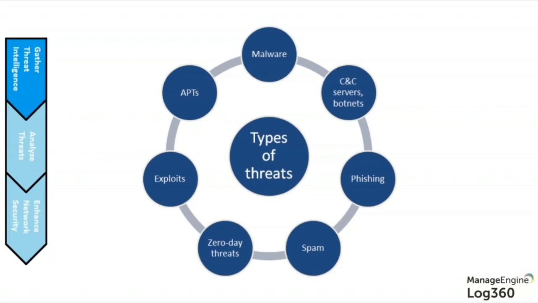Similarly, you can get information related to various other kinds of threats as well, like zero day threats or vulnerability exploits or advanced persistent threats. The main point I'd like to highlight here is the one that I made in the previous slide, okay?